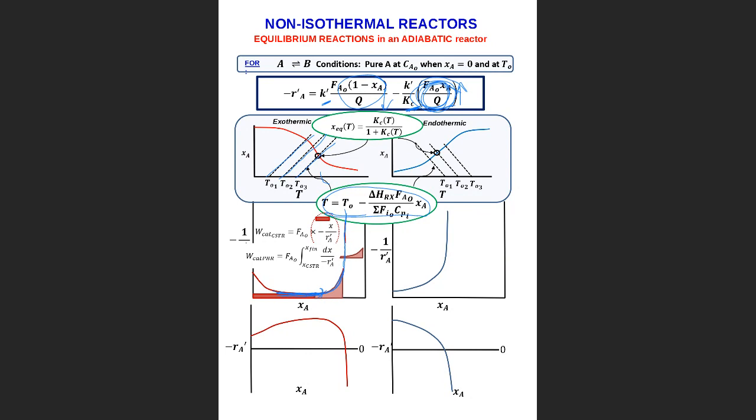Of course, for an endothermic reaction, as discussed, we will not have that effect because both effects work in the same direction. So as I increase conversion, I'm going to decrease the temperature. So my rate constants will decrease, okay? But as this decreases for the endothermic reaction, this decreases as well.